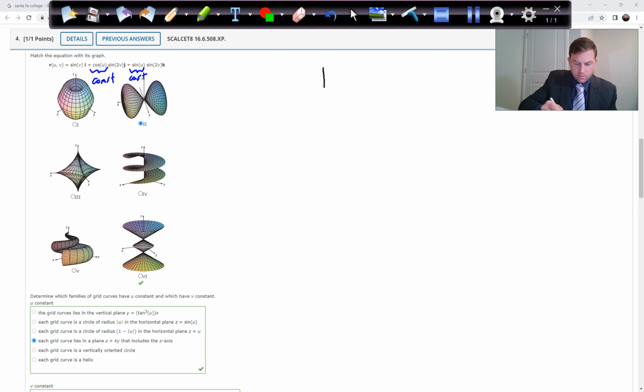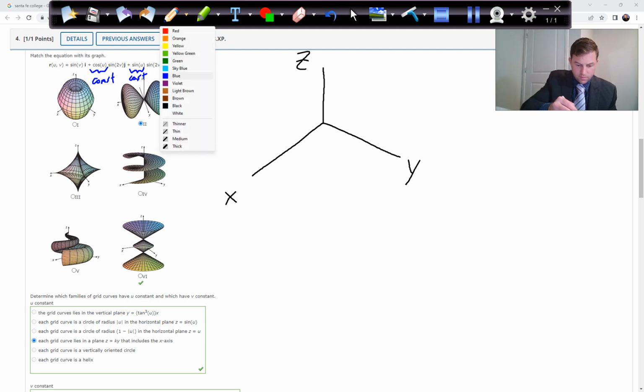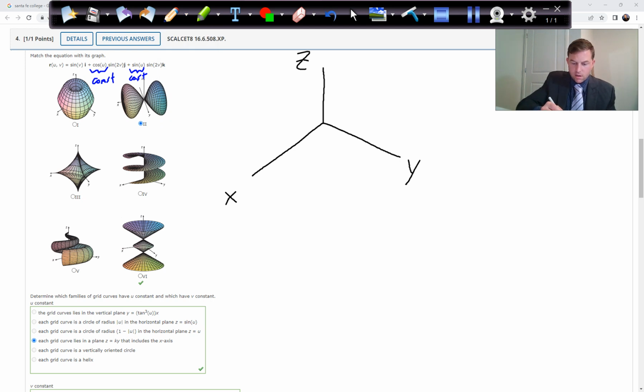So we're going to have x, z, y. And if we were to look at this, with u being a constant now, if z is equal to ky, then when y is 0, z is 0.